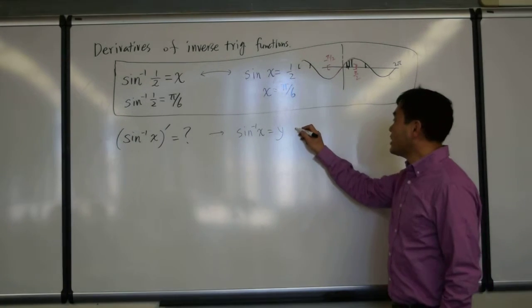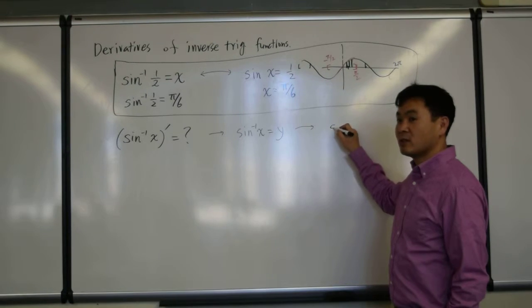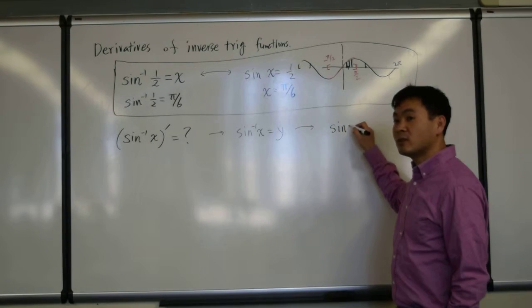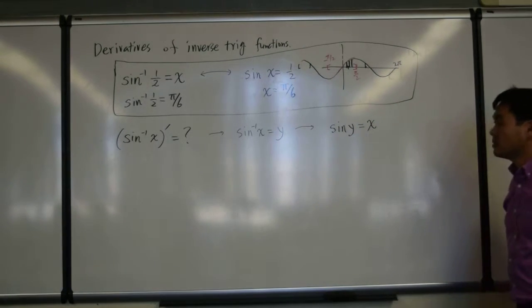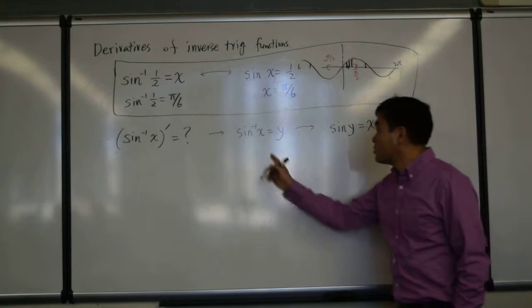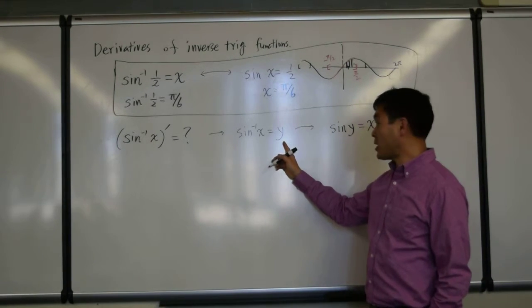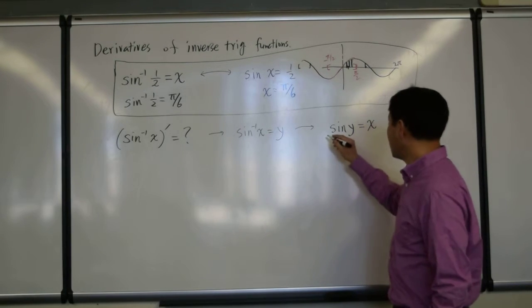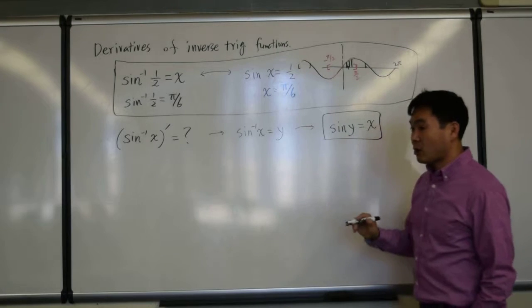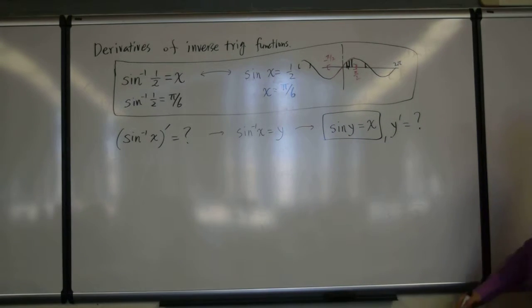Now, what does that mean for the sine function? Sine of y equals x. Now, since we're trying to find the derivative of sine inverse of x, we want to find y prime when you set y as sine inverse of x. So, given this, our goal is to really find out what y prime is. That's the question.